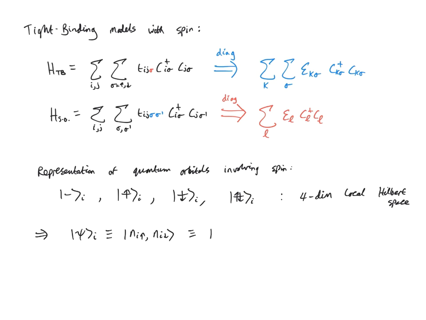And this just means, let's think of 2 distinct quantum orbitals, one for i up, and then we have the direct product with the vector space for i down.